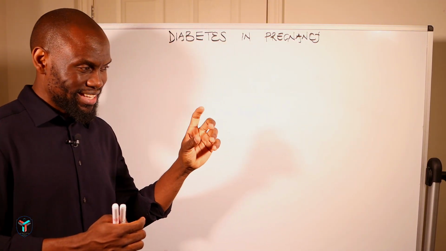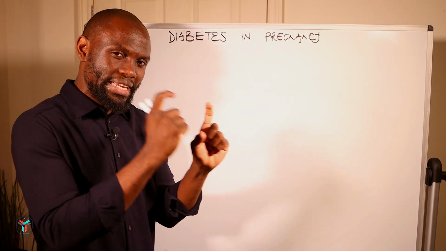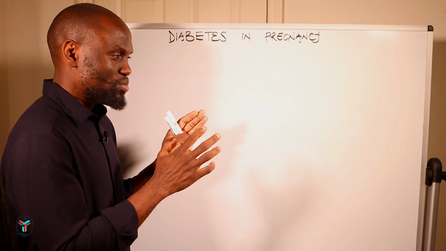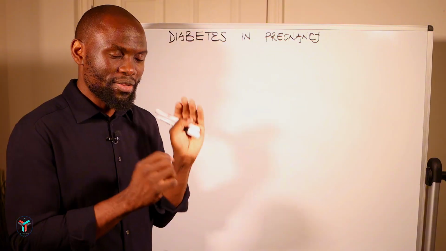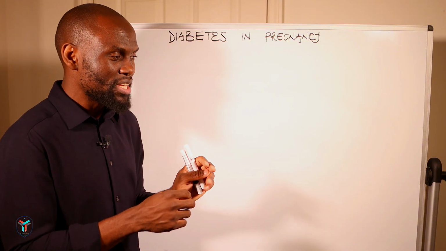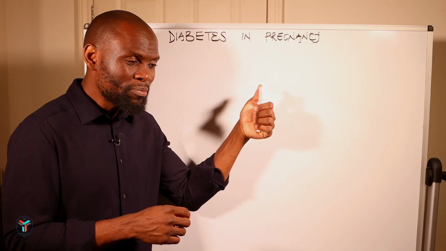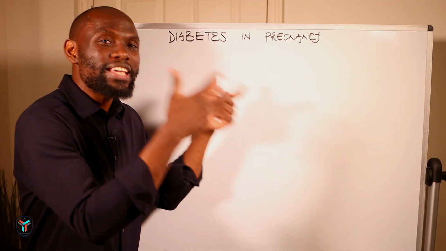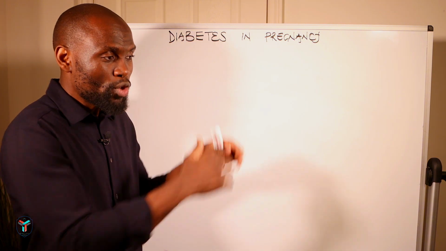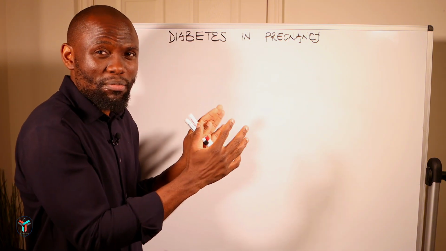Now, the glucose itself is going to be regulated by the important gland that we call the pancreas. The pancreas is responsible for producing two important hormones. You have the insulin hormone, which allows the uptake of that glucose after your body has done the metabolism, or the breaking down of those carbohydrates.